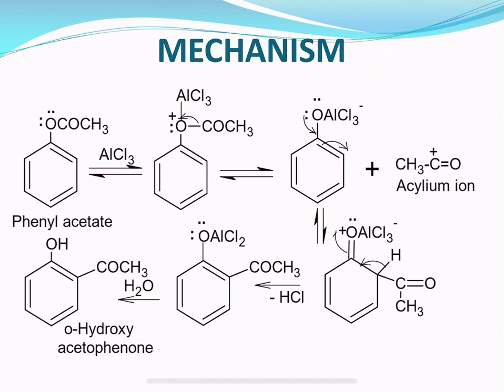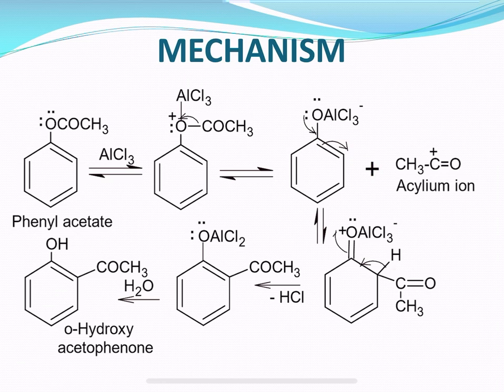Next the rearrangement takes place. Here this bond will break and move towards the aluminum chloride, thereby forming the acylium ion. In the next step, the double bond present here will break down, because the lone pair of electrons located on this oxygen returns to this bond, and automatically this will break down.